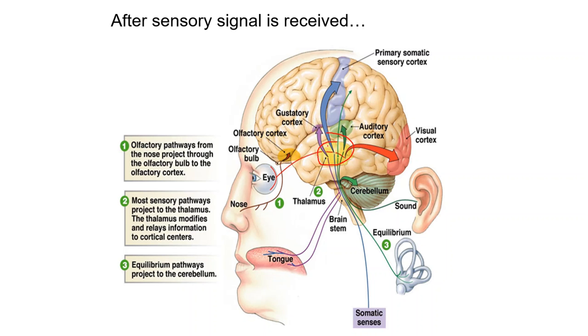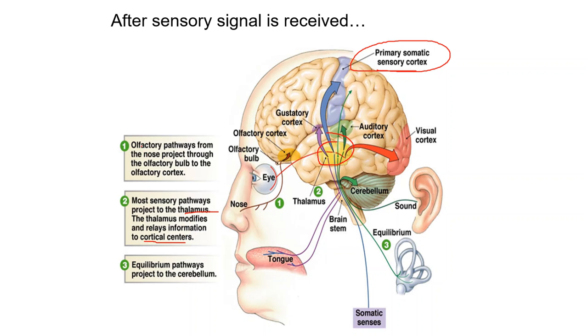And basically from there, some of them are actually sent to the primary somatic sensory cortex, the conscious ones. The subconscious ones, they stop at the thalamus, basically. And so most of the sensory pathways project to the thalamus, and the thalamus relays information to cortical centers.